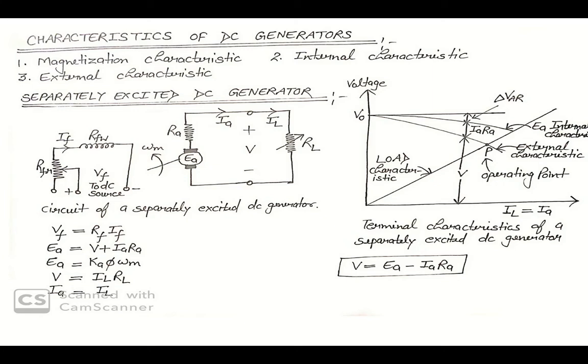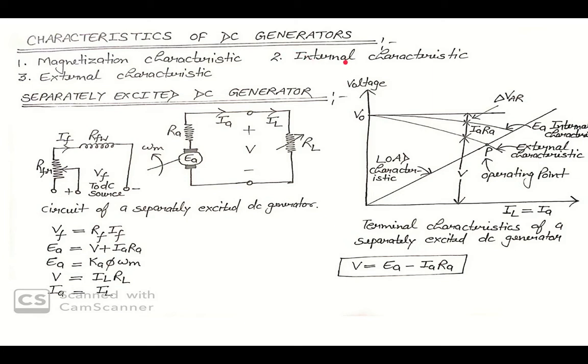This is the definition of the magnetization characteristic. It is also called the no load or open circuit characteristic, that is, OCC. So the magnetization characteristic is also known as the no load characteristic, the open circuit characteristic, or OCC.